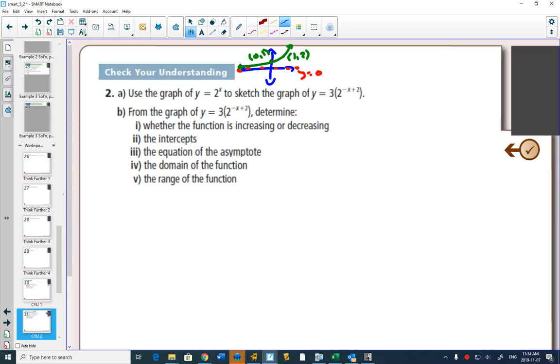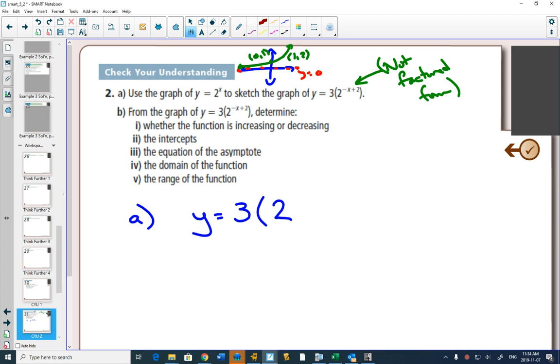Most questions on your exam would just ask you to graph this section, 3 times 2 to the bracket, and notice that this is not in factored form.